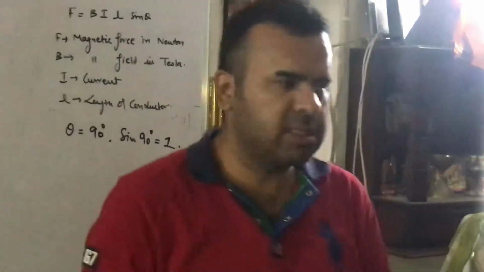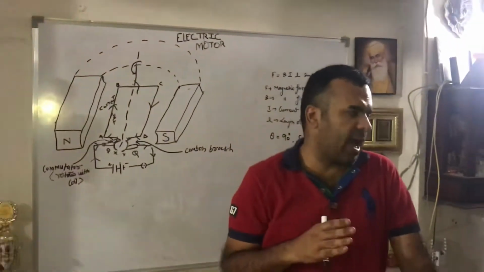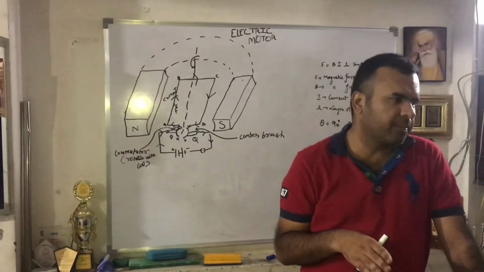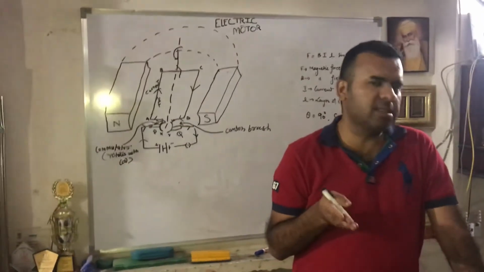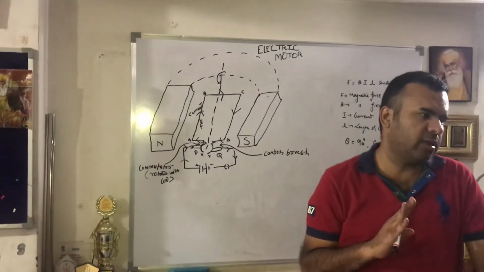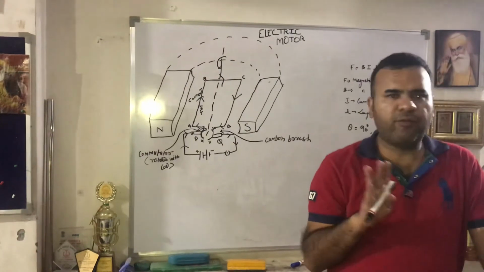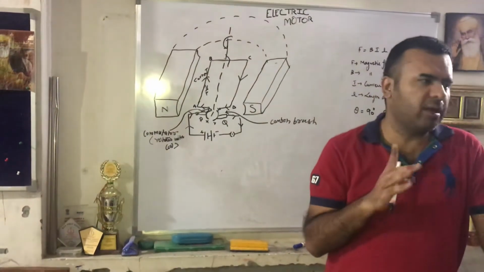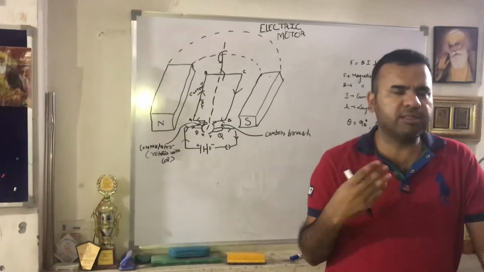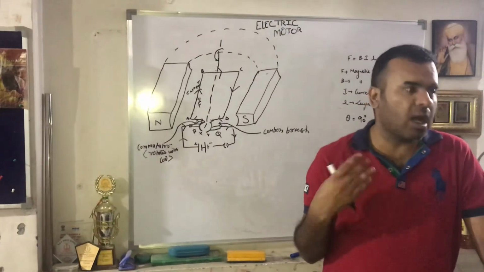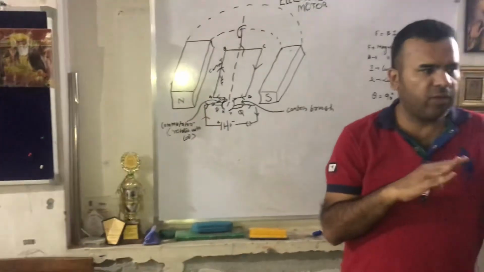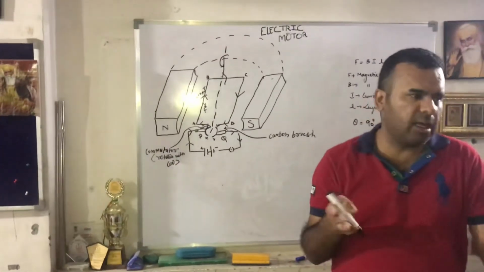So the principle says when a current carrying rectangular coil is placed in a magnetic field, then it experiences a mechanical force due to which it rotates continuously. The basic function of electric motor is it converts electrical energy to mechanical energy. We are giving supply of electricity ourselves, and that motor is converting that electrical energy to mechanical energy.